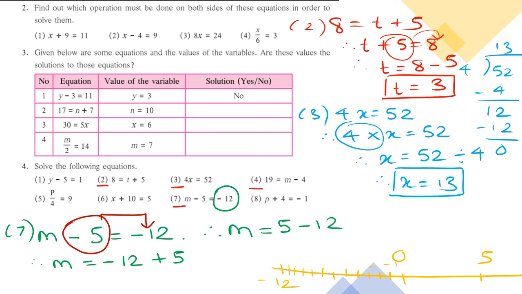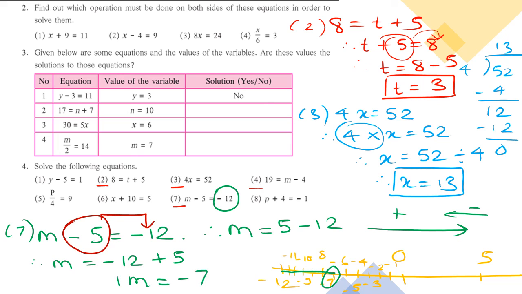You have minus 1, minus 2, minus 3, minus 4, minus 5 here, minus 6, minus 7, minus 8, minus 9, minus 10 and minus 11 here. So what you are doing is shifting 5 units to the right. Plus means right and minus means left. So 1, 2, 3, 4, 5. Where do you land up? Minus 7. So m is equal to minus 7 is the solution.